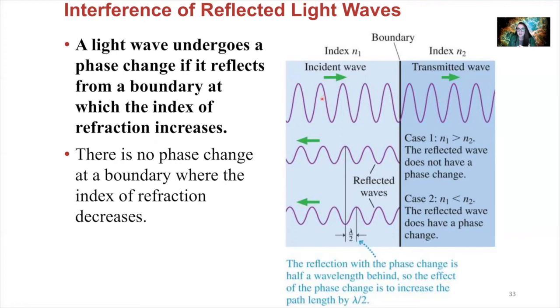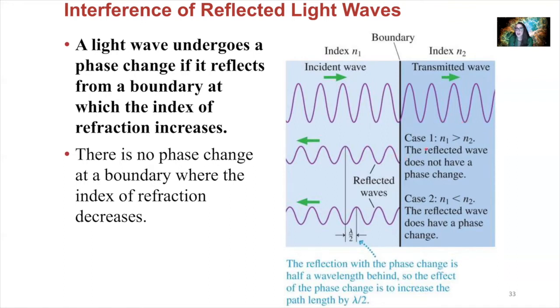So here we've got two materials with two different indices of refraction. Here we have our incident wave through the first medium, and then it's going to transmit through the second medium. Some of this light is always going to get refracted or transmitted through the second material.